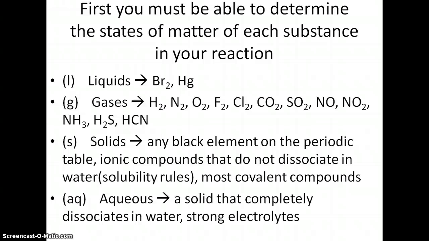Aqueous means a substance that completely dissociates in water. So basically that's going to be your ionic substances, and that's also going to be your strong acids or strong electrolytes. Okay, so if it's just a single element, you're looking at the periodic table. If it's a compound, we're going to have to look at our solubility rules.